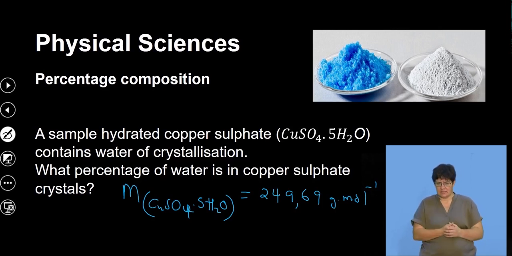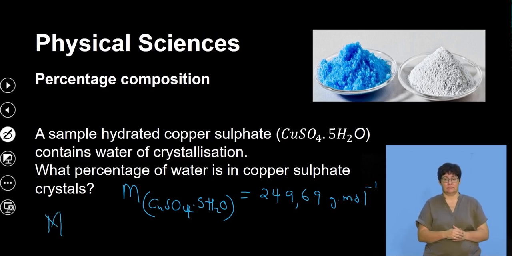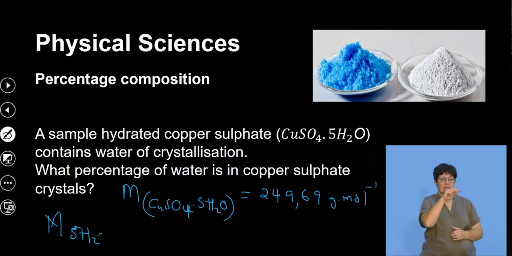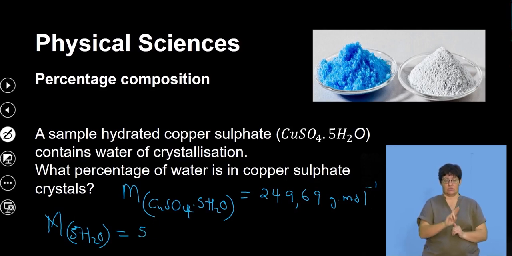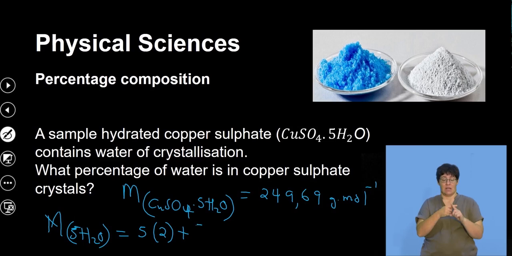So the molar mass of the water of crystallization in this case is the molar mass of the 5, the pentahydrate H2O. What do we have? We've got 5 times 2, plus 5 multiplied by 16.